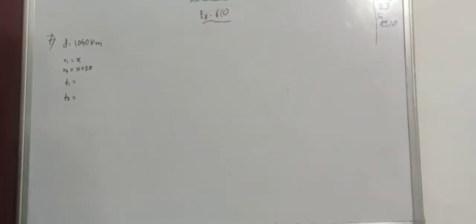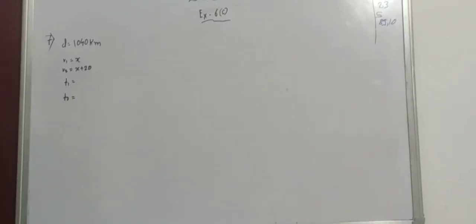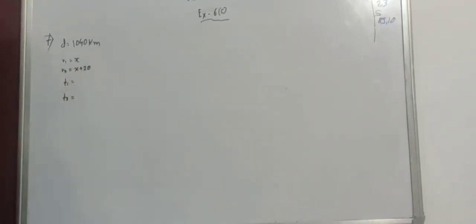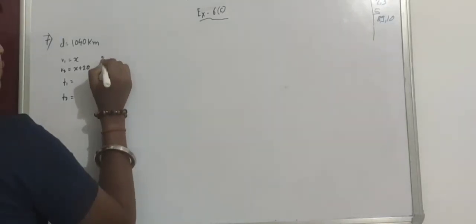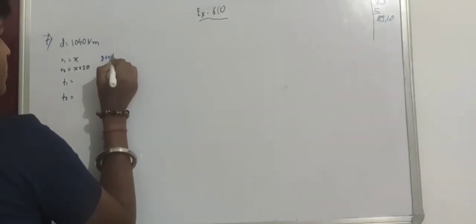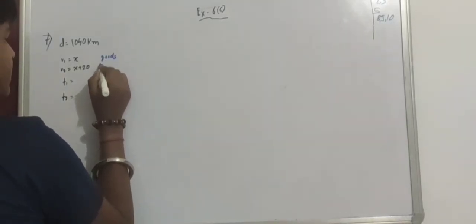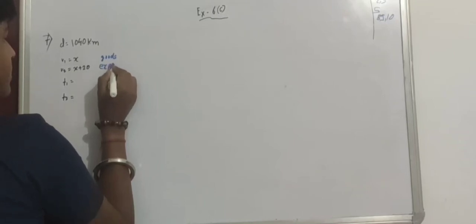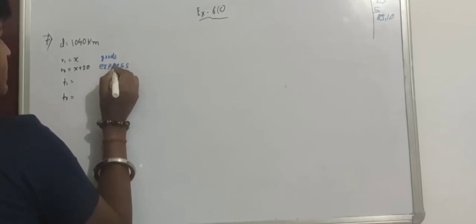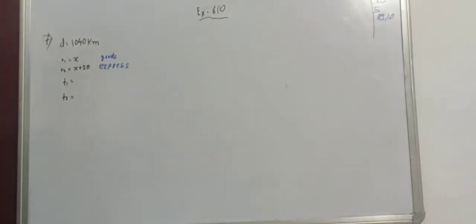The total distance to be traveled by the trains is 1040, meaning the distance is fixed. Velocity 1 is x and velocity 2 is x plus 20. This is of the goods train and this is of the express train. The express train is faster by 20 km per hour.